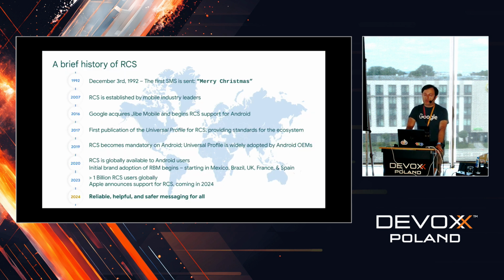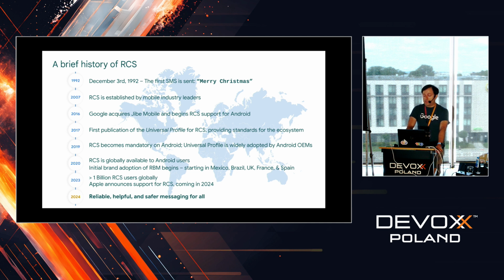This is a brief history of SMS and then RCS, which basically replaces SMS. As you can see, SMS started in '92 with the first message that said Merry Christmas, and continued kind of the same for many, many years until the RCS standard was developed, adopted, and available to Android users by default.